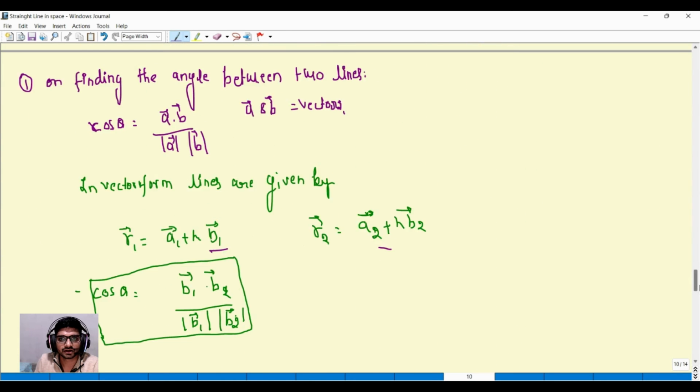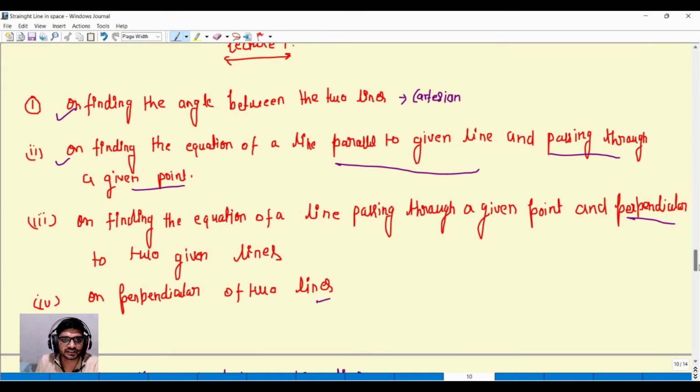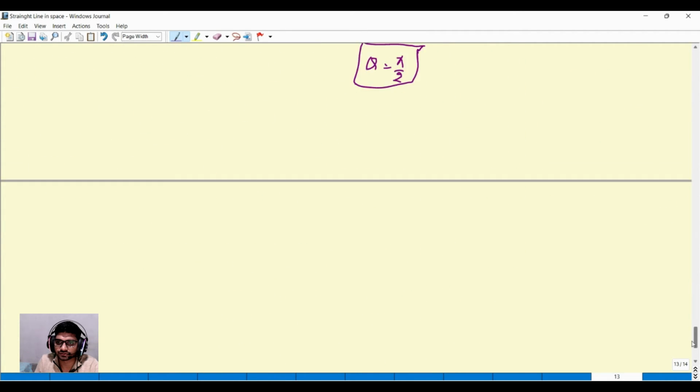Now we'll move to the second topic, which is finding the equation of a line parallel to a given line and passing through a point. So what is the second topic?